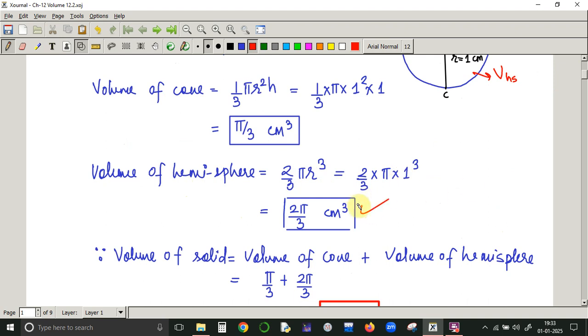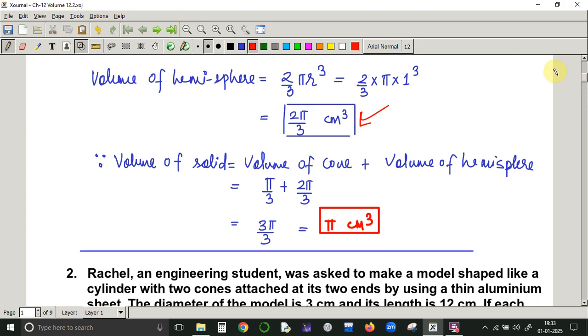You are getting the volume of hemisphere is 2 pi by 3 centimeter cube. So total volume of the solid is equal to the addition of the volumes of the individual solids. One is cone and another is hemisphere. Add them, take LCM, you're going to get pi centimeter cube. Simple.